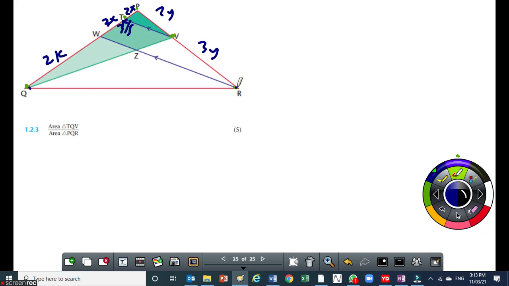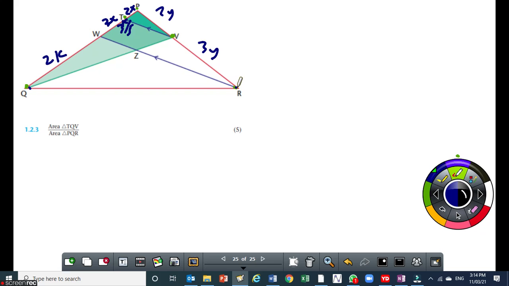No. They share a common vertex, but they don't have a common height because their bases are not on the same strata. What that means is, if I try to use base times height directly as it is, it won't work. If I try to use the area rule, they don't have a common angle.